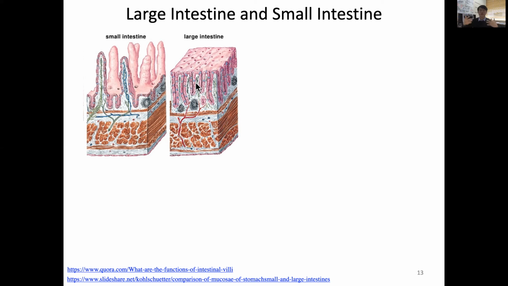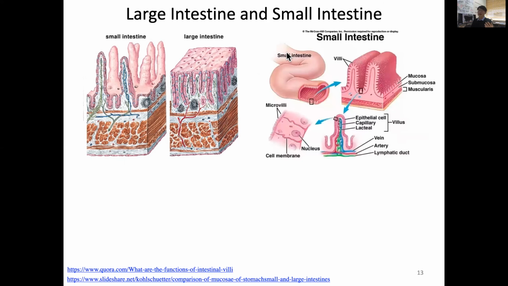Now for nutrient absorption, we are using a slightly different strategy, but also effectively increasing the surface area. And that shows like this. We have the small intestine, and you see this circumferential fold, which effectively increases the surface area by about 3-fold.